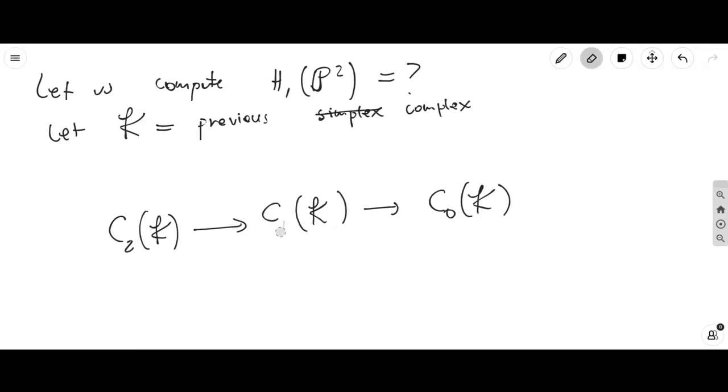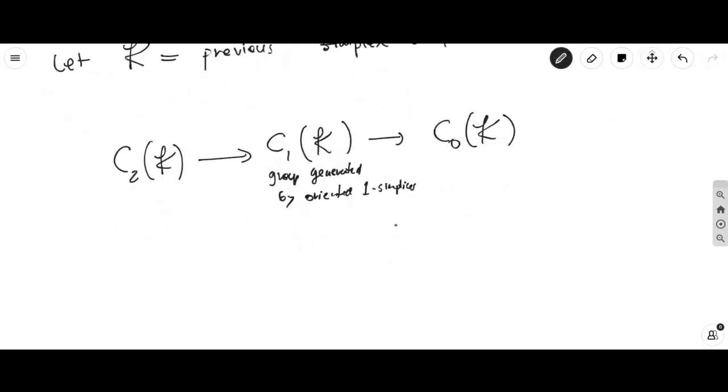So the one chains in K, this is going to be the group generated by oriented one simplices. If you write out the one simplices that you have, to use an example, one of the simplices that we have was [1, 2]. Okay, so it's not 12, it's 1, 2, and it's oriented.